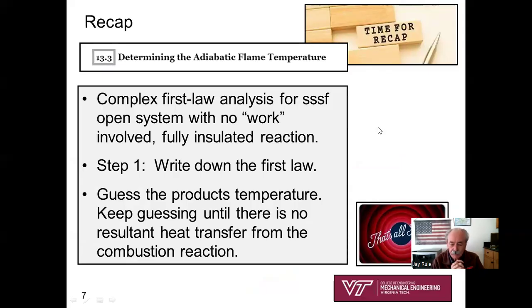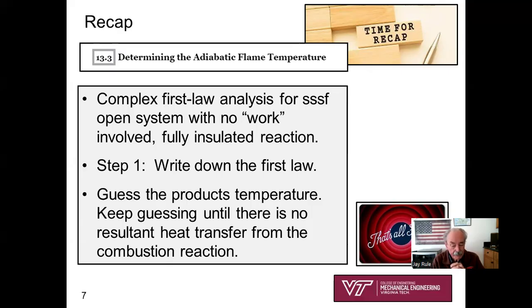Okay, so what we just covered was how to determine the adiabatic flame temperature for a combustion situation. It is a complex first law analysis for steady state, steady flow open systems with no work involved, fully insulated reaction. I do hope you see that this type of question could not possibly be given on a test or exam because it can take a long, long time to get to a numerical result.